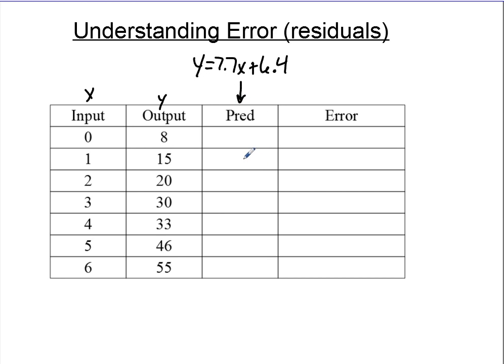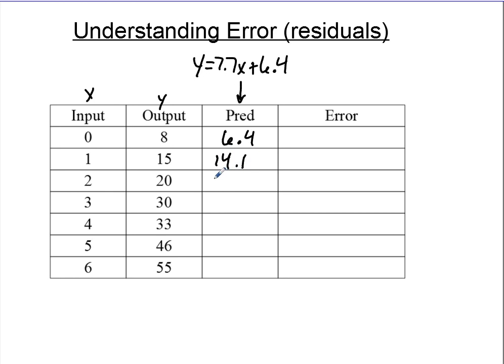I do that by taking each of the x's and plugging them into this equation and working out those values. 7.7 times 0 plus 6.4 is 6.4. I continue to plug in the rest of my x's to get the rest of my predicted values.